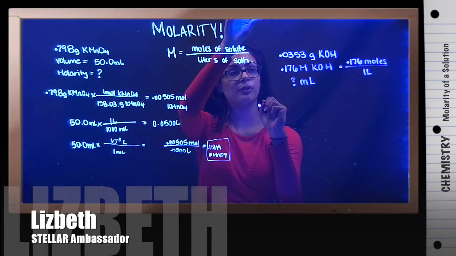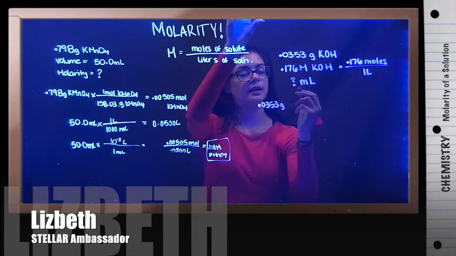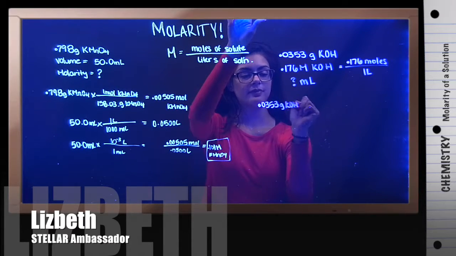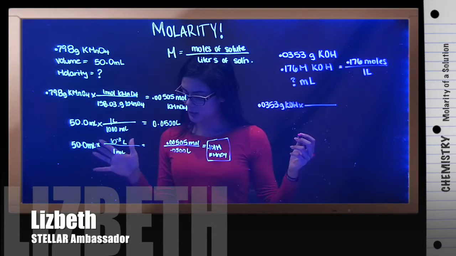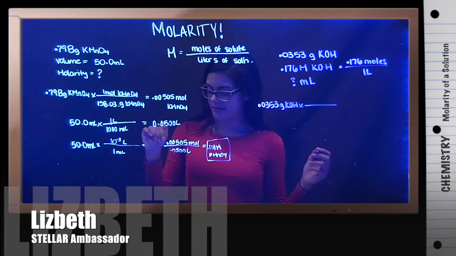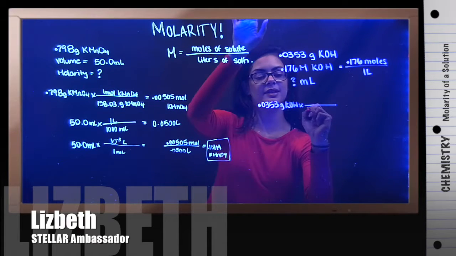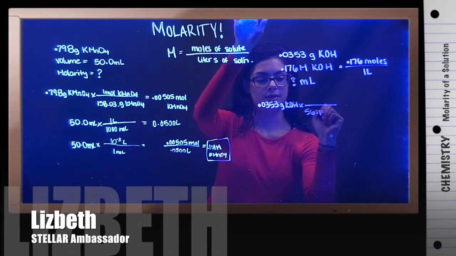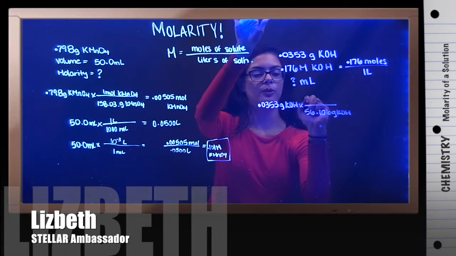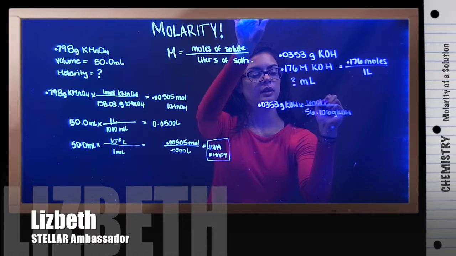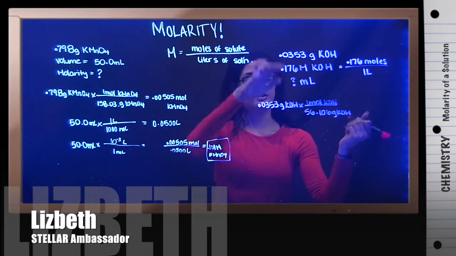So we're starting off with 0.0353 grams of KOH, and then we'd use the molar mass. I went ahead and found that out for us as well, and I found that to be 56.106 grams of KOH in 1 mole. Now, that would give me moles, correct?